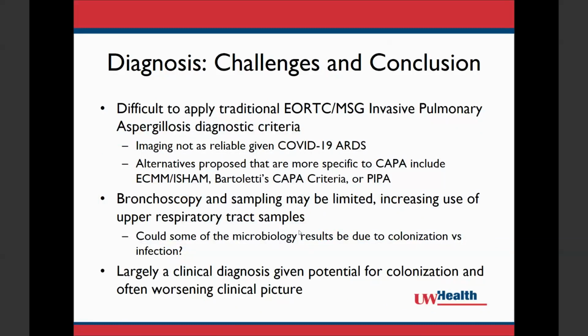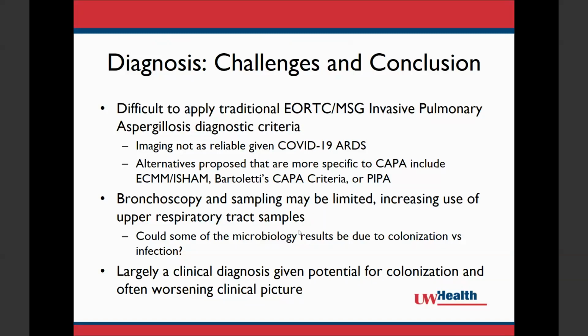The imaging is not as reliable given the ARDS caused by COVID, and the traditional criteria are targeted for immunocompromised patients, which may not always fit the COVID patient population. And so there are alternatives that can be more specific to CAPA, and those include the two that we just went through. And then the ECMM consensus document also has some proposed as well.